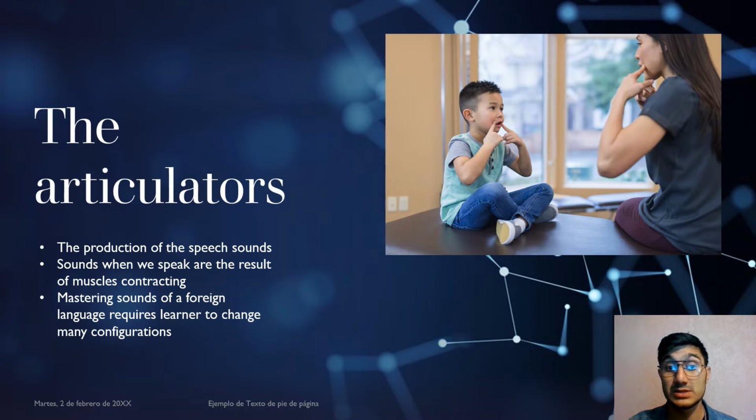The next topic is the articulators. We have to remember that the articulation of speech is producing speech sounds. Those sounds, when we speak, are the result of muscles contracting, so we have to show them how to use those muscles. For example, pharynx, velum, hard palate, alveolar ridge, tongue, the teeth, or the lips. Mastering the sounds of a foreign language requires learners to change many configurations of the mother tongue.